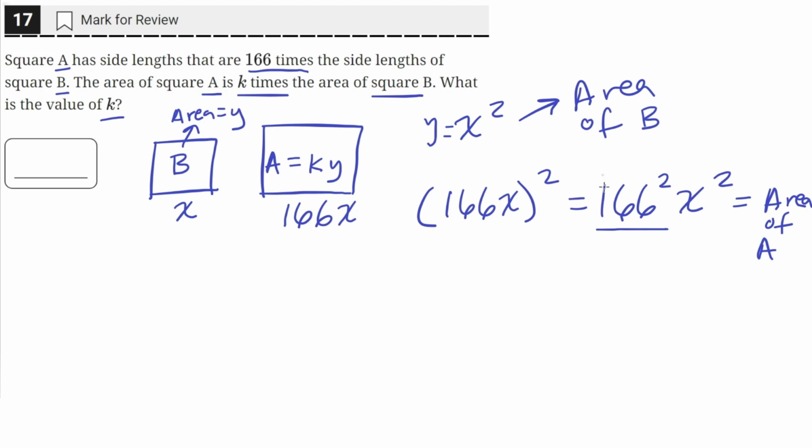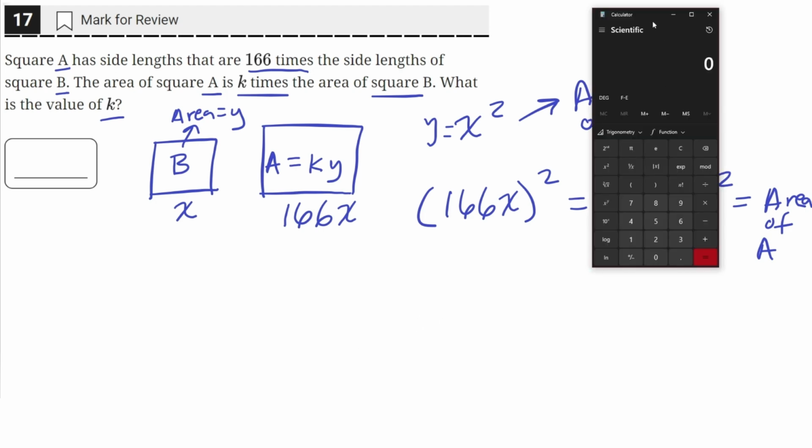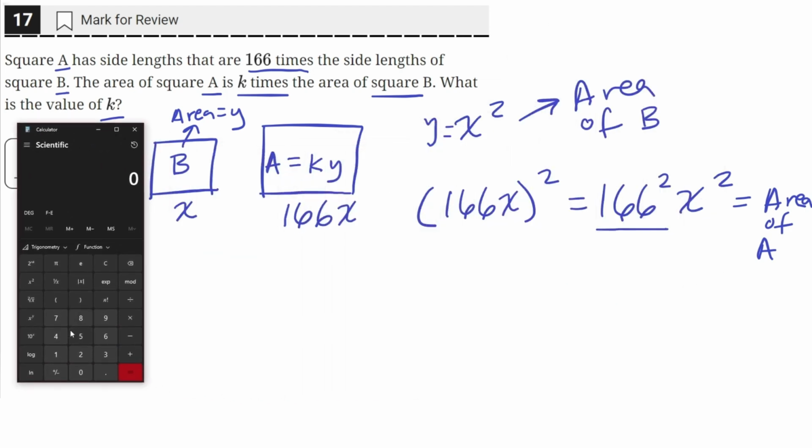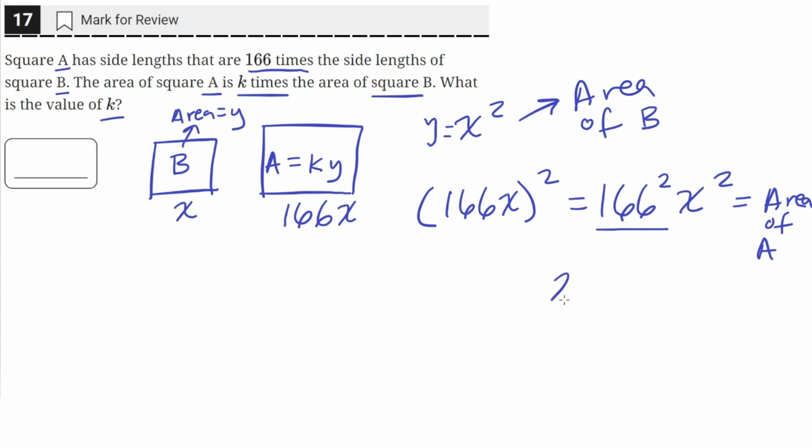This will be the coefficient of x squared, which is the area of B. So k will just be this coefficient. So we just need to square 166. We can do that in our calculator. 166 times 166 is just equal to 27,556.